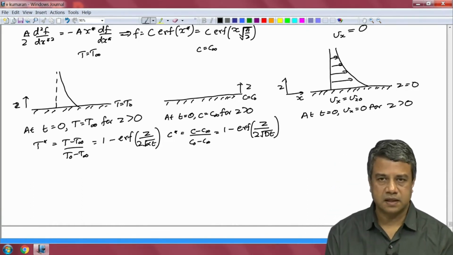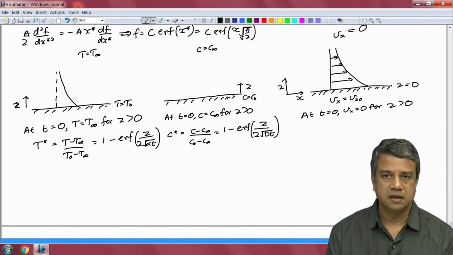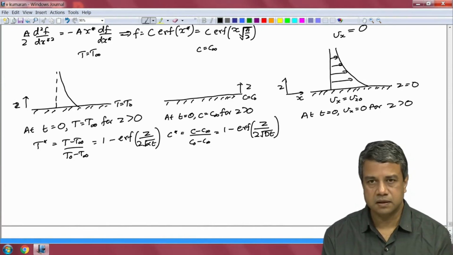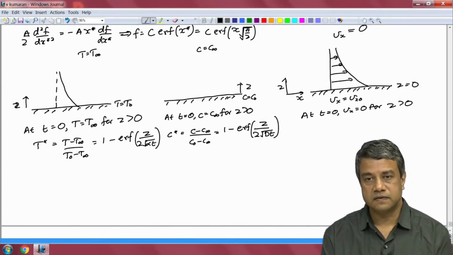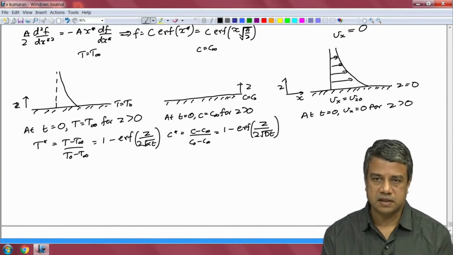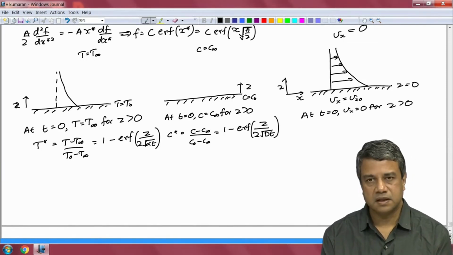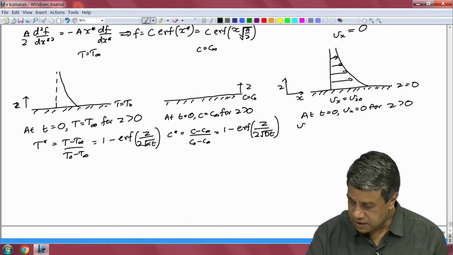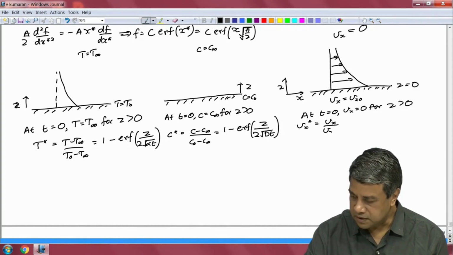As a function of z and t, you want to find out what is the velocity profile in the fluid, because you have started this bottom surface moving with a finite velocity. So, this is the transfer of x momentum in the z direction. And the solution for this will also be of the form Vx star is equal to Vx by Vx naught.